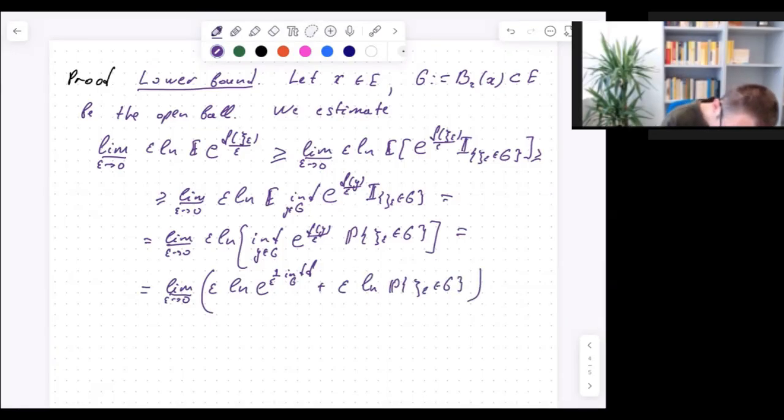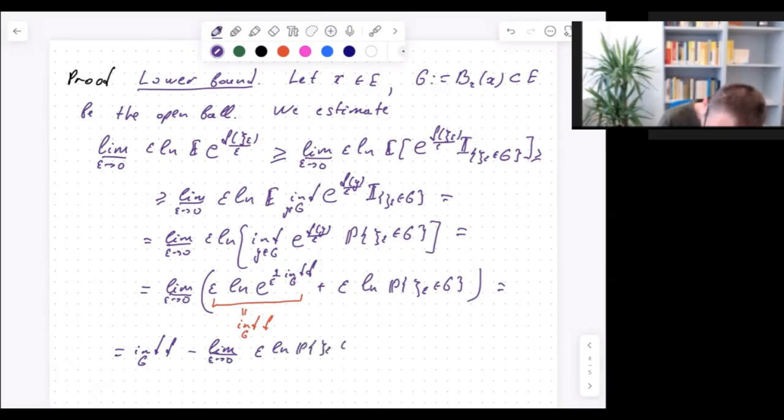But now this term here is just the infimum over g of f. Therefore, this lim inf is just the infimum over g of the function f minus the limit, epsilon goes to 0, lower limit, of epsilon logarithm of the probability that psi epsilon belongs to the open set.